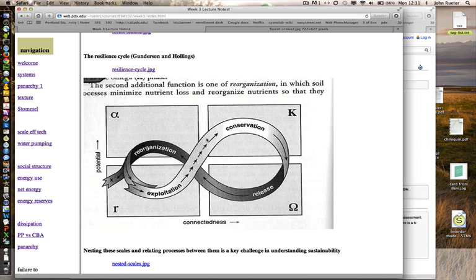Once you get up into this area, the only way to reverse it is through a large-scale release, meaning a large forest fire across a larger area. Then that goes into reorganization again at a smaller scale and leads to the regrowth of the forest. So just think about the forest metaphor for a bit. You can see how this all fits together.